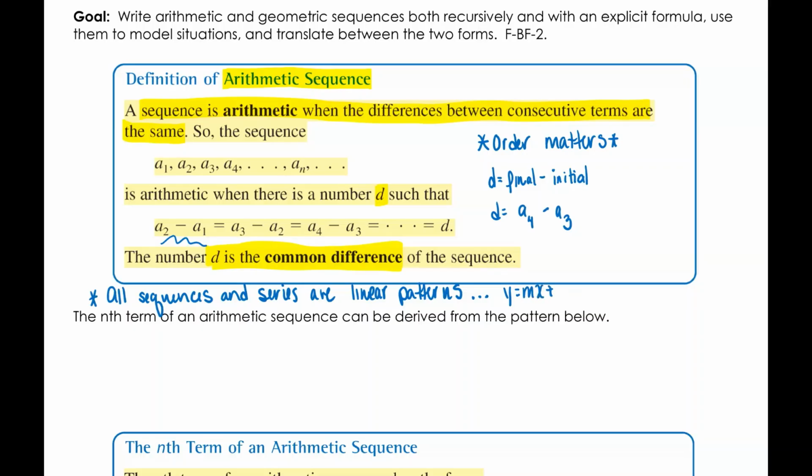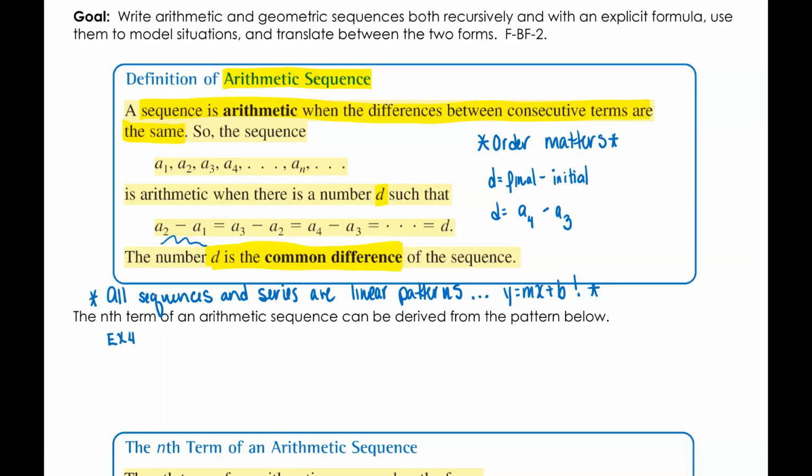We're going to use different variables, but that's what the explicit formula is always going to turn into, so keep that in the back of your mind. The nth term for an arithmetic sequence can be derived from the pattern below. So I want you to go back and think for a moment.